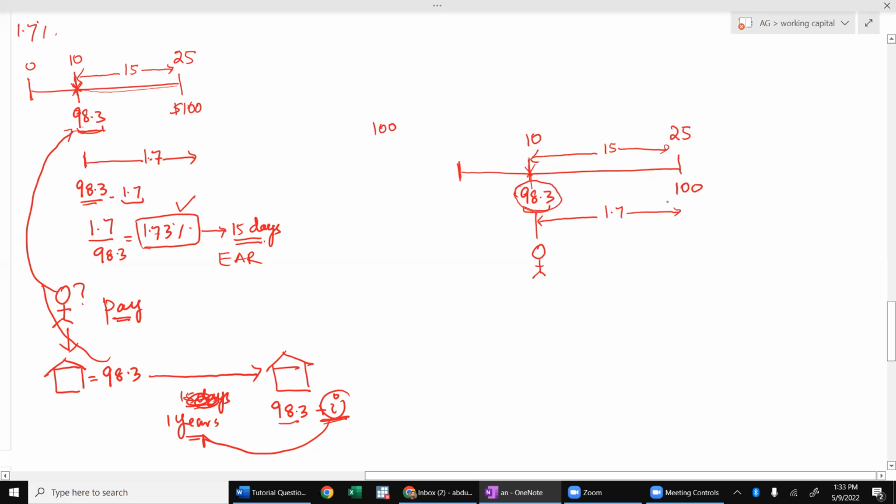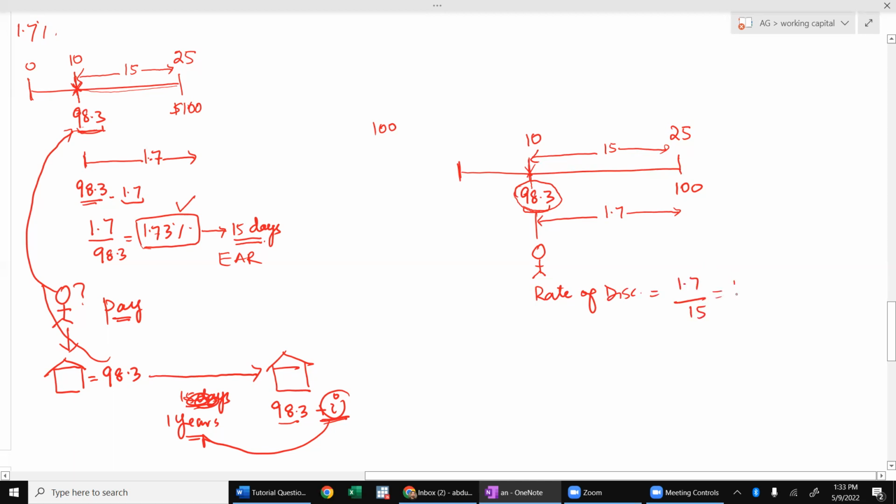But this is for 15 days. We need to convert it to 1 year. So what do we need to do? We need to calculate the return of the discount. That is 1.7 divided by 98.3. So you will get your answer.